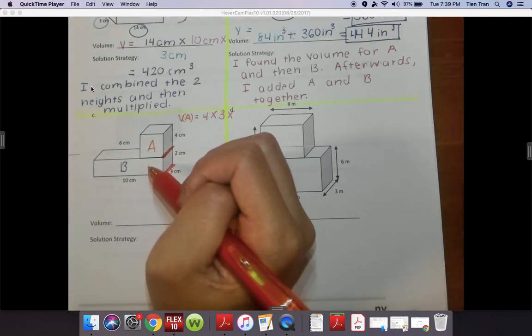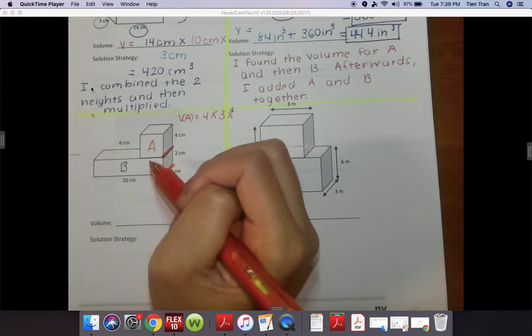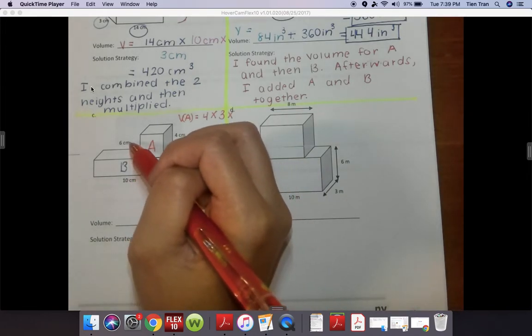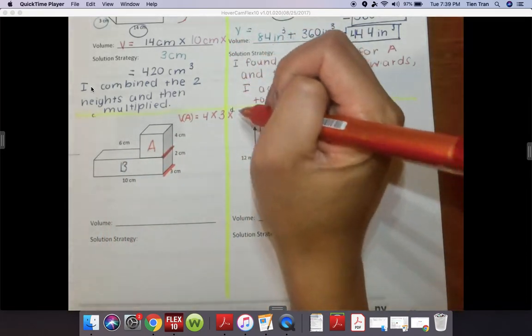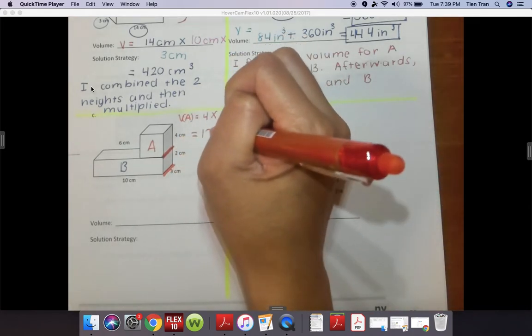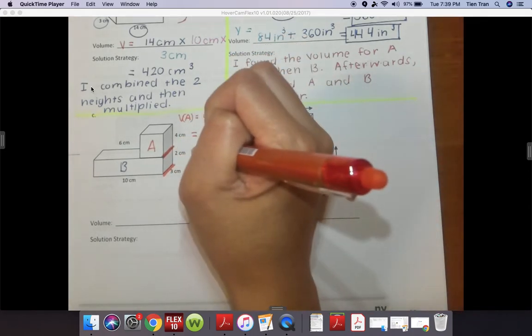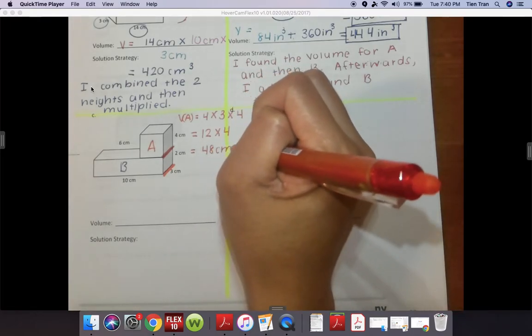That is also going to be 4, because I know that 10 minus 6 is equal to 4, and they labeled this one as 6. So that's where I get 4 from. 4 times 3 is 12, and 12 times 4 is going to give me my answer of 48 centimeters cubed.